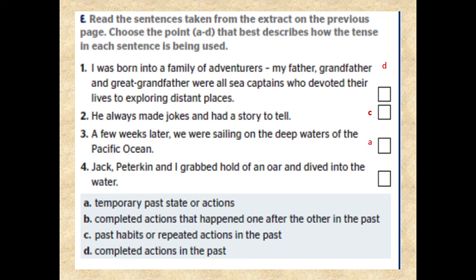Of course, it's used here to express a temporary past state or action. 4. Jack, Peterkin, and I grabbed hold of an oar and dived into the water. It's used to express completed actions that happened one after the other in the past. Good.